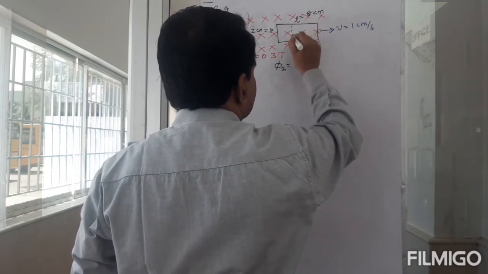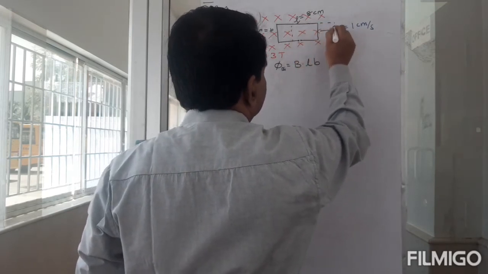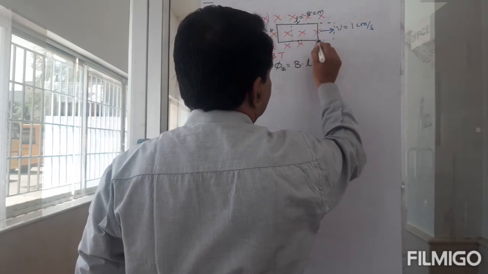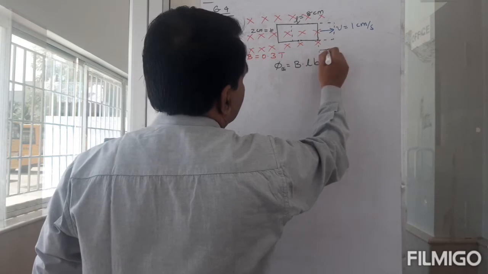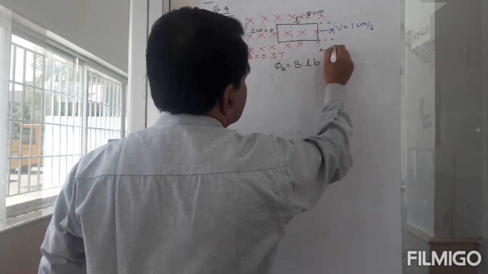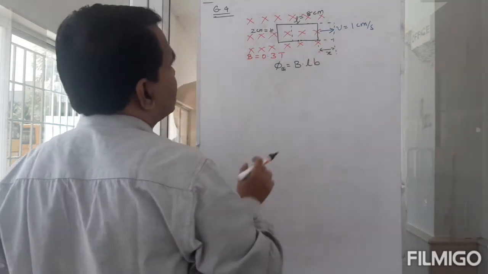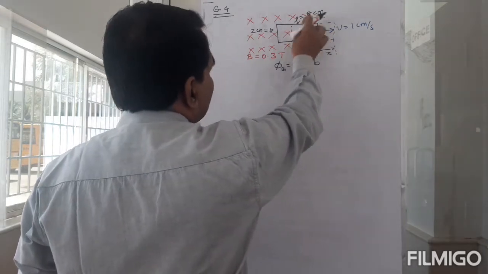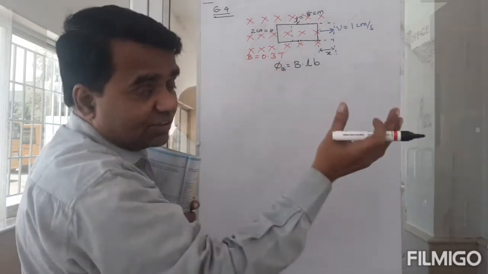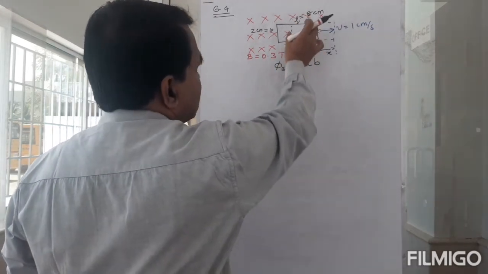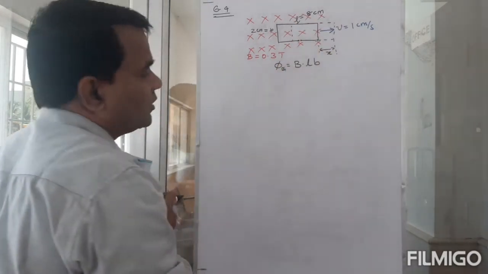Suppose I got it like this. Now, you see, I call this x. When it is like this, what is the flux inside? The flux has changed, you can see that. The flux is now less than it was before.